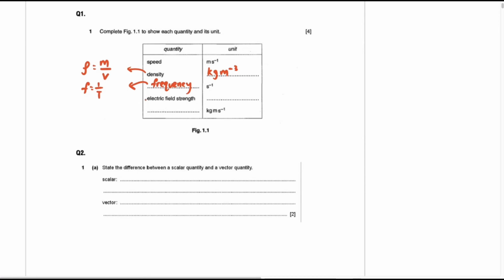So electric field strength is force over charge. Okay, so force, Newton, charge, Coulomb.